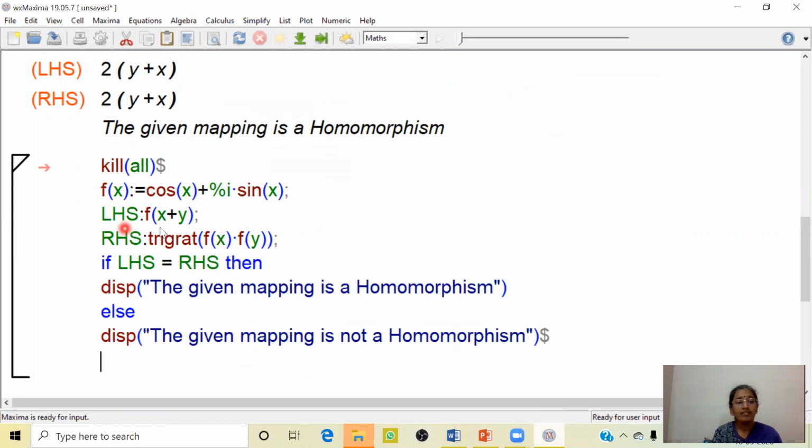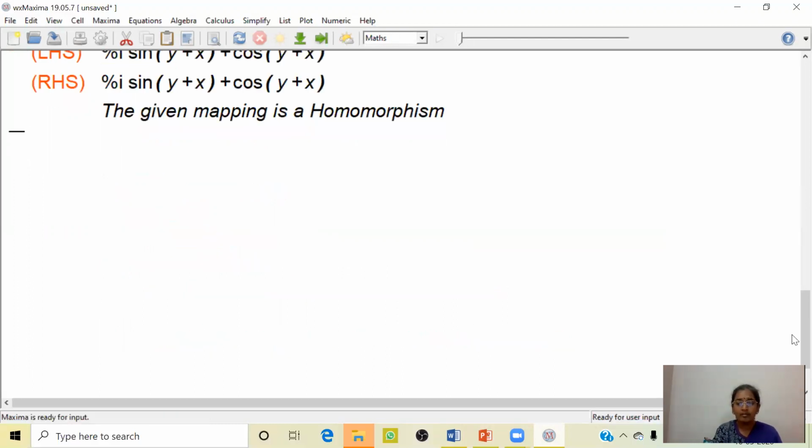Once again, here the left hand side is f of x plus y, and the right hand side is f of x star f of y. We have given trigrat here to simplify the trigonometric functions. This trigrat will simplify the rational expression in trigonometric functions and it will give us the required output. Let us check it out by using the shift and enter button.